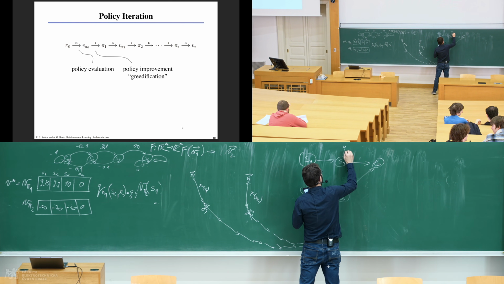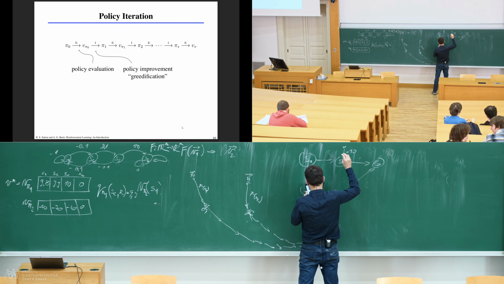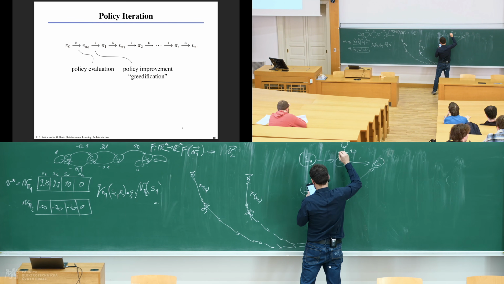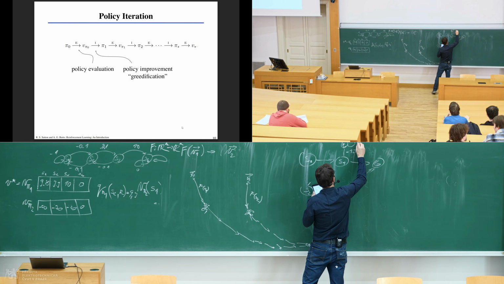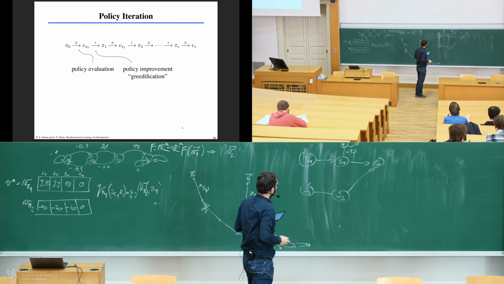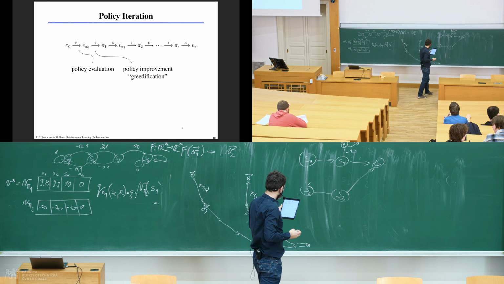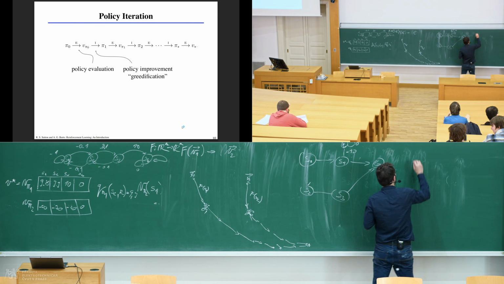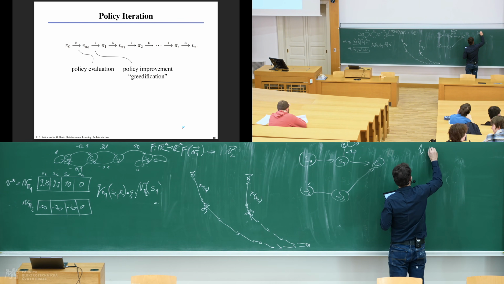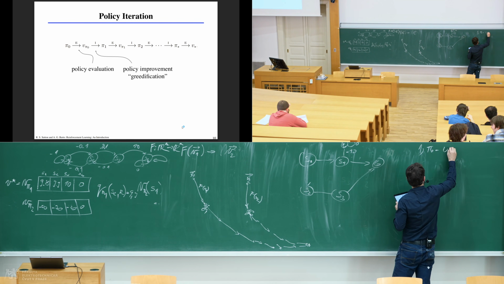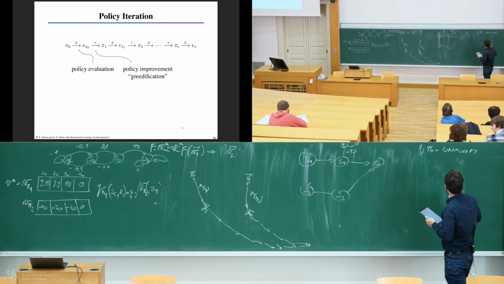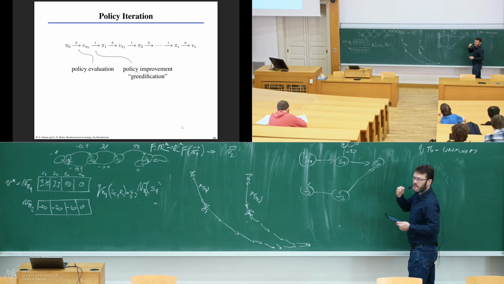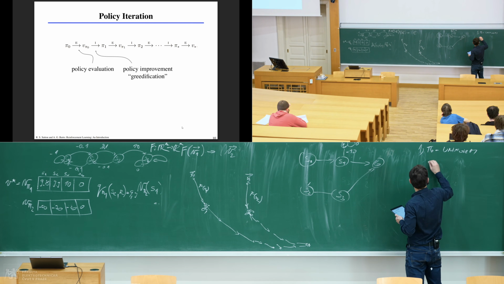And there will be some bad state here, some fail state that you will never be able to get out of anymore. So let's start with P0, which will be uniform. And let's first evaluate that.